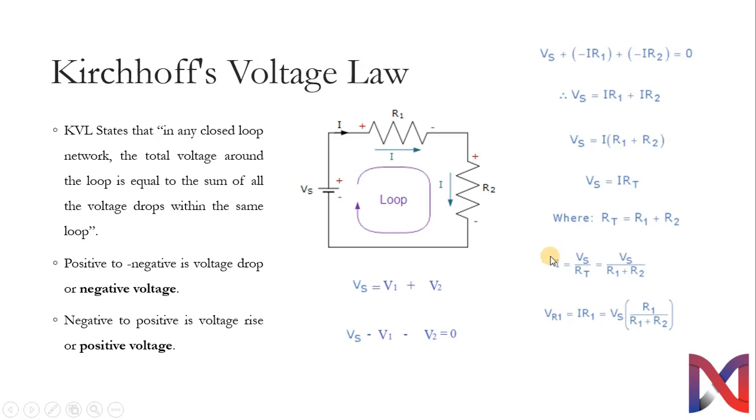We already know I and R1, so we multiply I and R1 to get VR1, or we can apply the voltage divider rule here, Vs multiplied by R1 divided by R1 plus R2. Similarly, we can find VR2 either by directly multiplying total current and R2, or we multiply Vs with R2 divided by R1 plus R2 as depicted by the voltage divider rule.